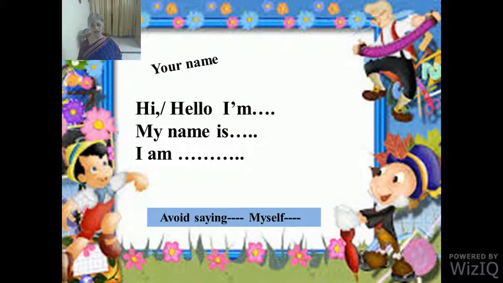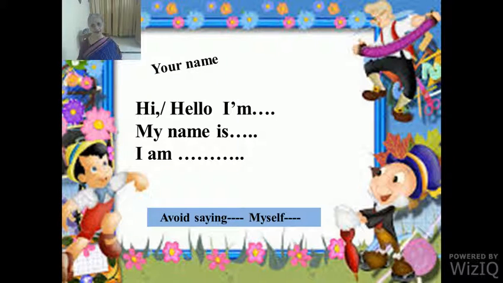I would also like you all to remember one important point. As youngsters, students, please try to avoid saying myself. There is nothing wrong about it, but it is more professional to say I am or my name is.